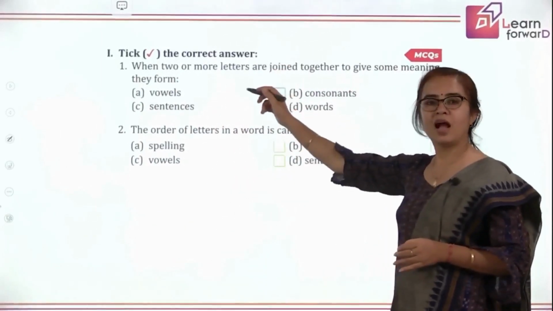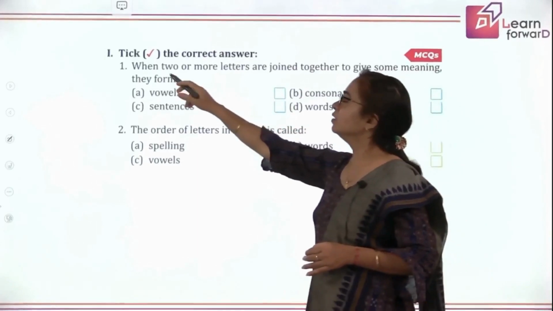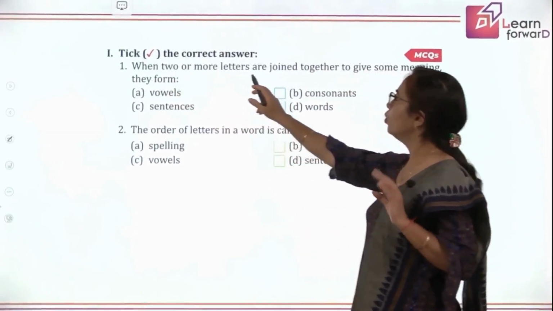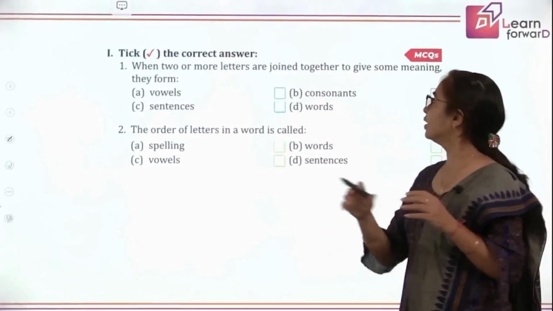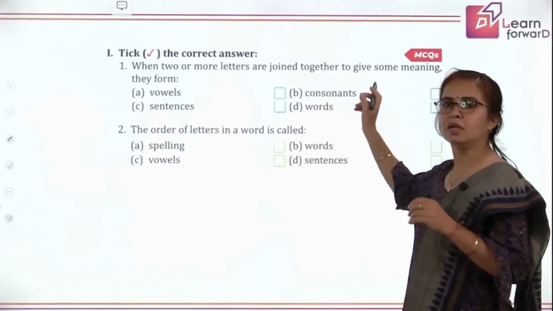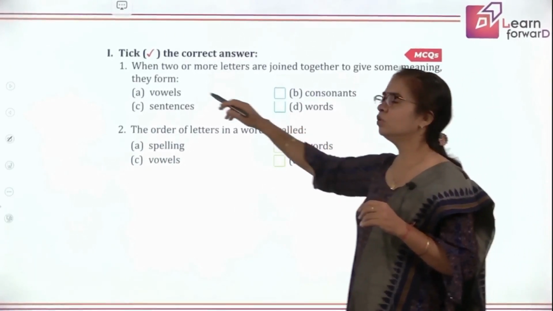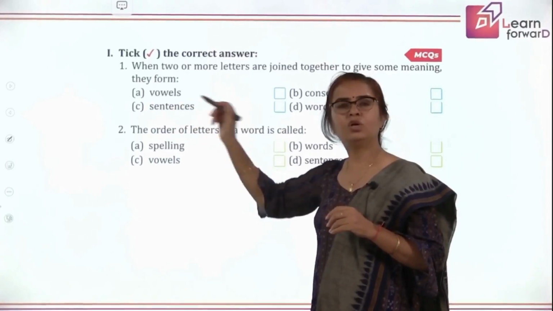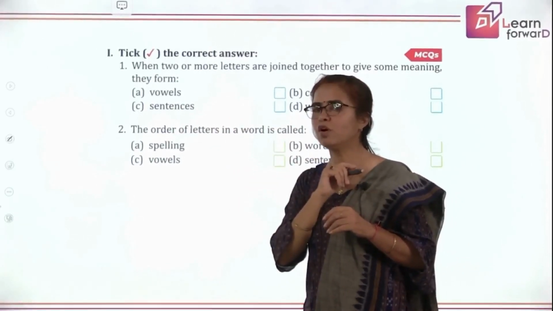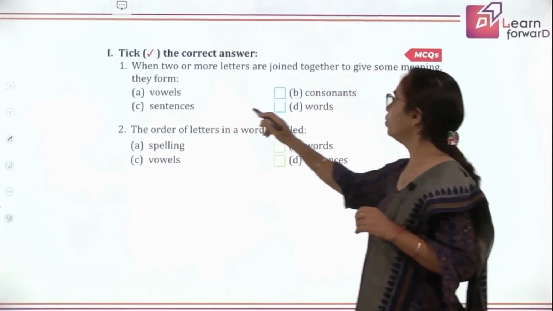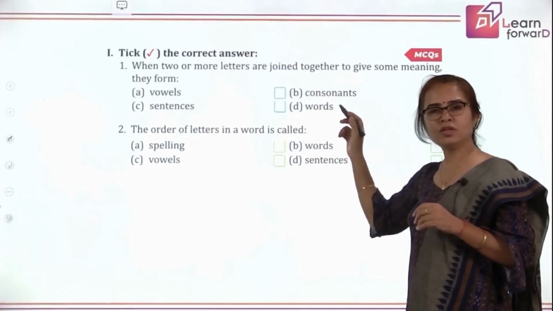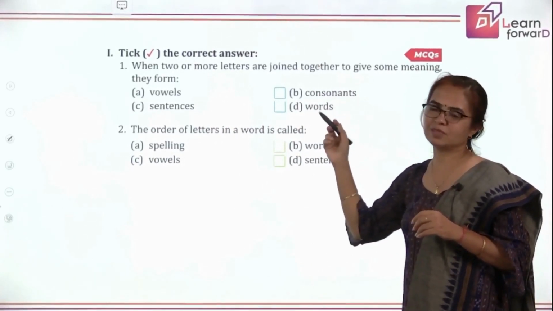Pick the correct answers. The first one is, when two or more letters are joined together to give some meaning, what do they form? Do they form vowels? Do the letters come together to form sentences? No. Do they form consonants? Consonants themselves are letters.